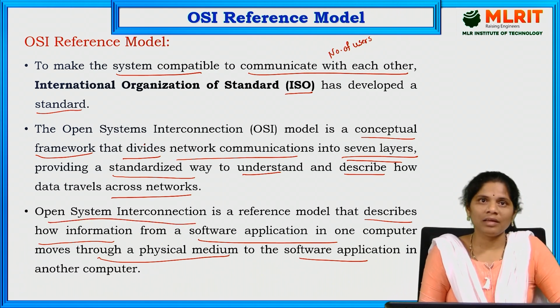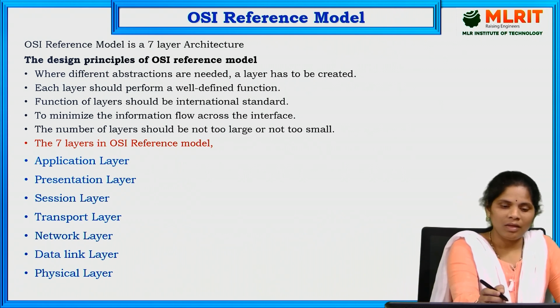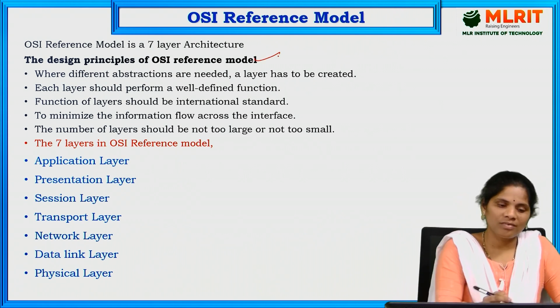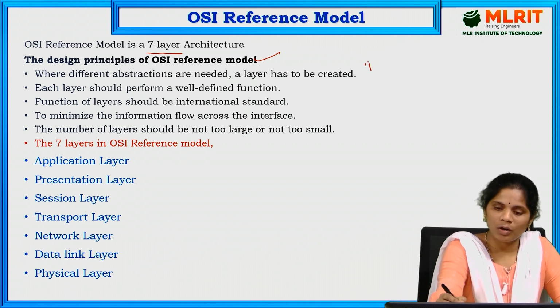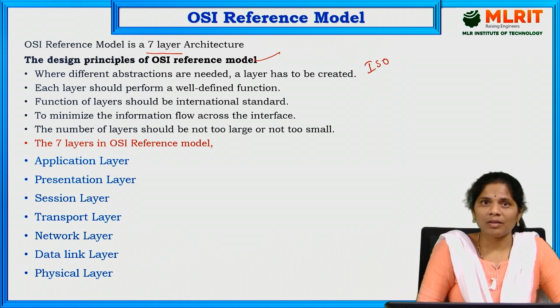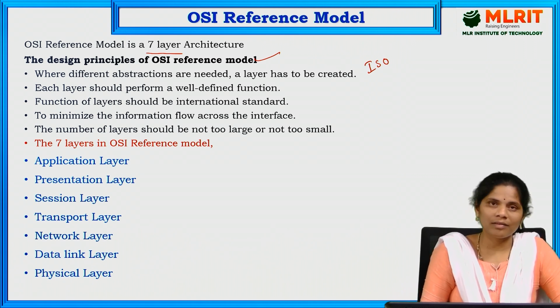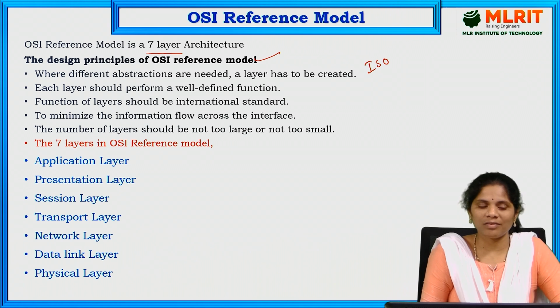Let us see what the design principles of the OSI reference model are. This OSI mainly has a 7 layer architecture. What are the main design principles? The ISO developed this OSI, right? These are the design principles for developing the OSI reference model.